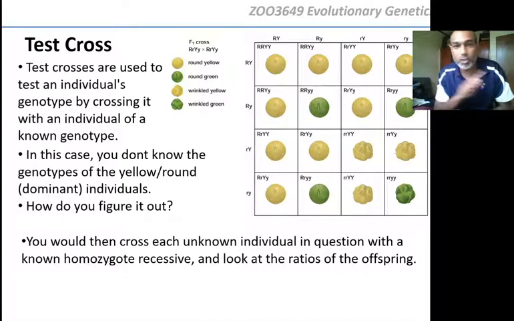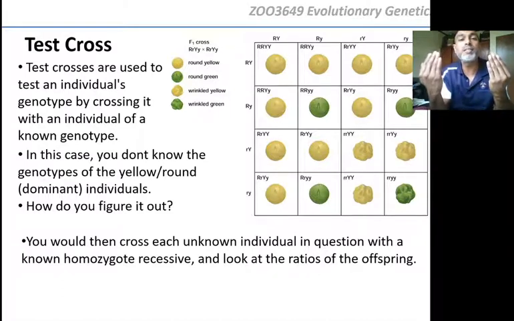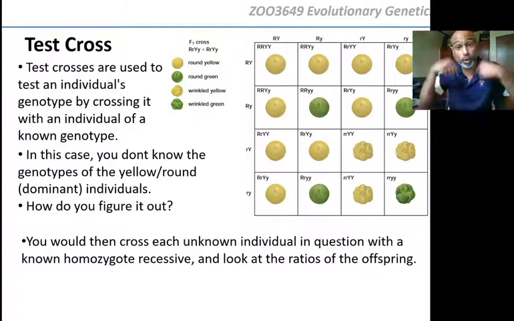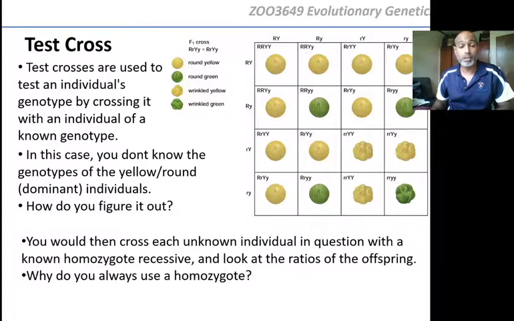Because that's the only one that will tell you the answer. So you don't know a particular individual's genotype. You mate it with what? A homozygous recessive, always. And then you can figure out what that individual's genotype is by looking at the offspring. Because then it'll be obvious what the offspring is.